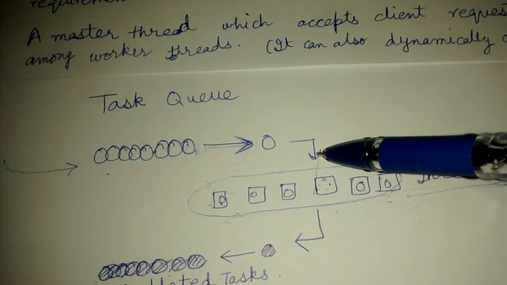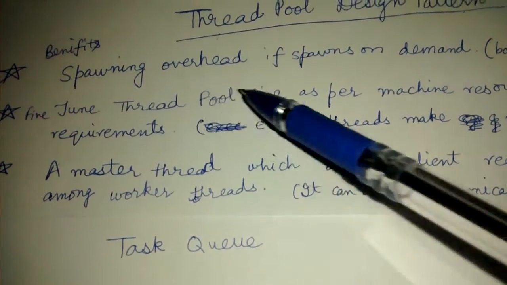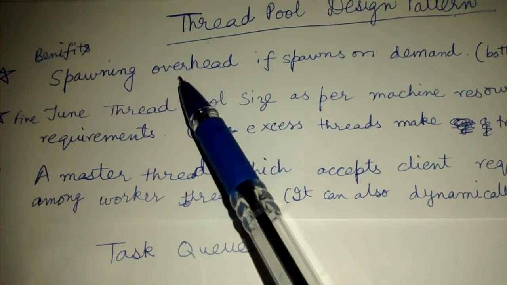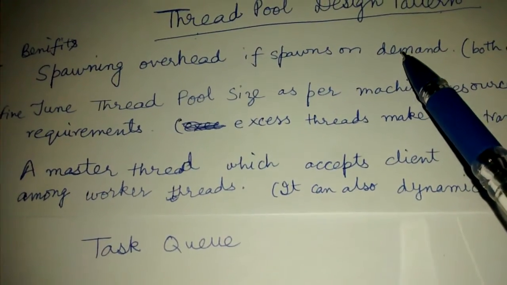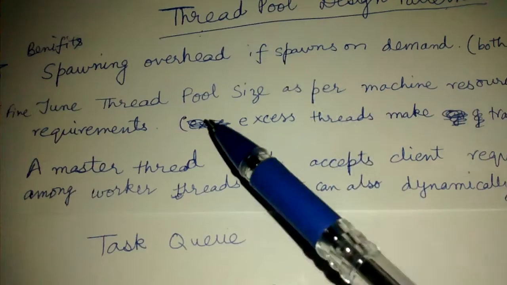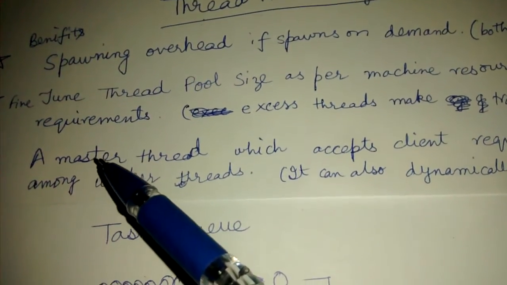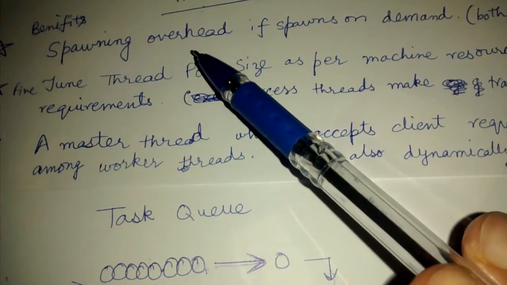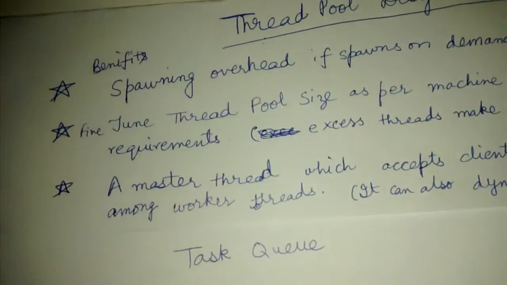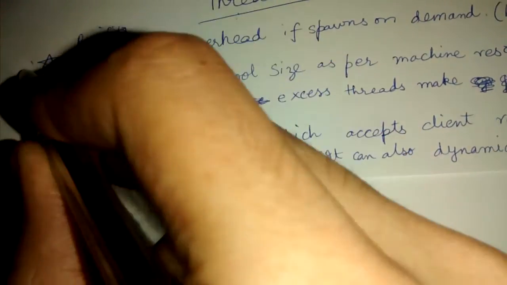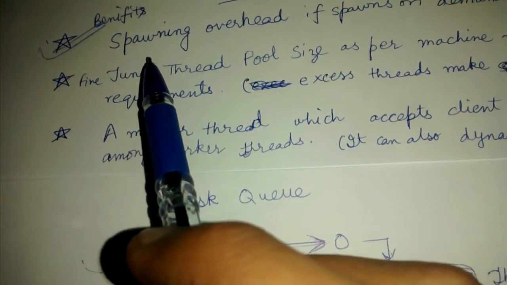Okay, so now I will create a new thread, but that will create some overhead, because thread creation has some overhead, and thread destroying also has some overhead. So basically the response time to the client increases, and if you already have a created thread, you can just give it the task to execute.